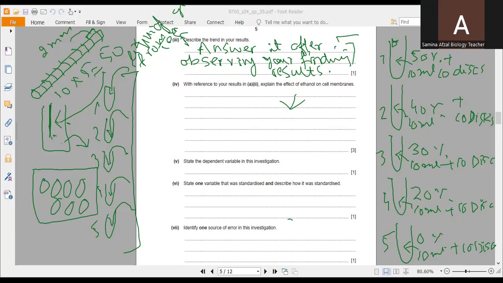And according to those concentrations, the dependent variable will always be the intensity of the color, which is the result which has changed. As the concentration has changed, the color intensity will also change. So it will vary at different concentrations of ethanol. So the dependent variable is the intensity of color.